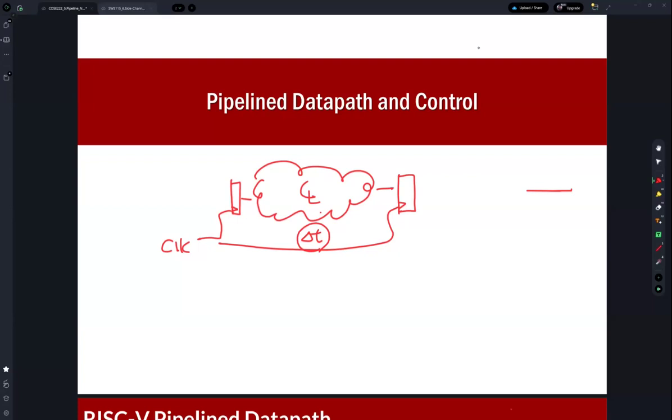And I mentioned that the clock period Tc needs to be greater than the delay of the critical path. Then how can we cut the critical path?